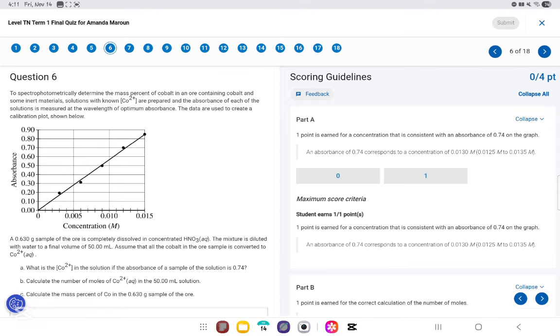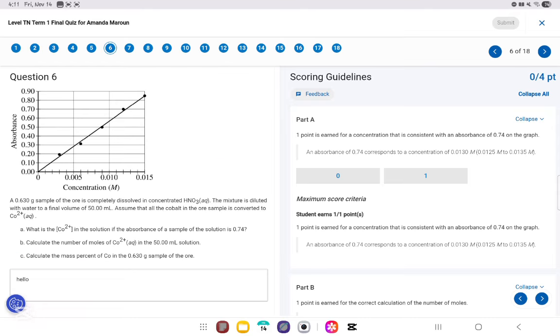A 0.630 gram sample of the ore is completely dissolved in concentrated HNO3 aqueous. The mixture is diluted with water to a final volume of 50 milliliters. Assume that all the cobalt in the ore sample is converted to Co2+ aqueous. So they asked, what is the Co2+ concentration if the absorbance of a sample is 0.74?